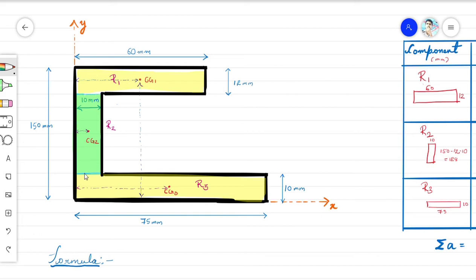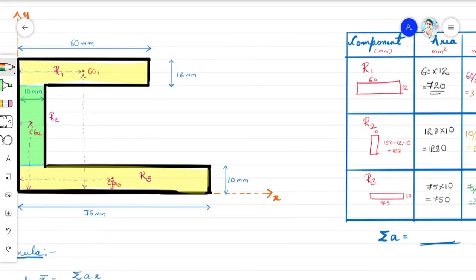For this it is this distance, and for the last one, this is the distance. So let us do that.